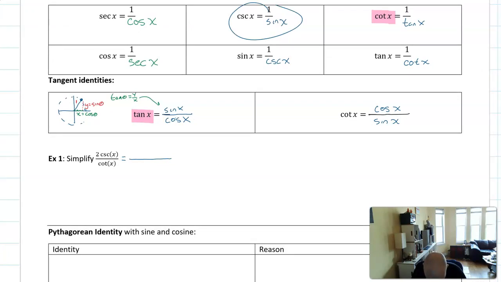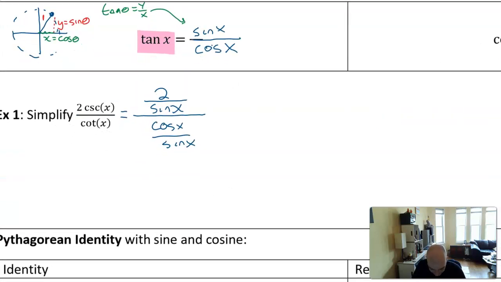So this would simplify to 2 over sine of x. And cotangent, looking over here, is cosine over sine. So I've actually made a complex fraction, which seems gross, but what's nice now is that everything's in terms of the same expressions, cosine and sine.